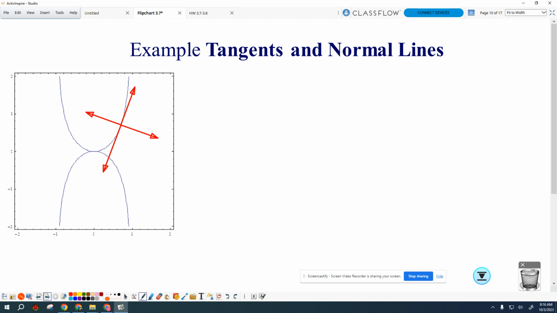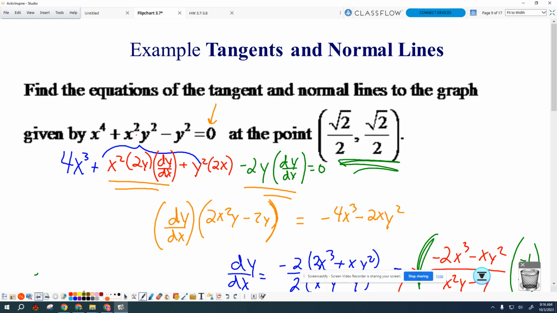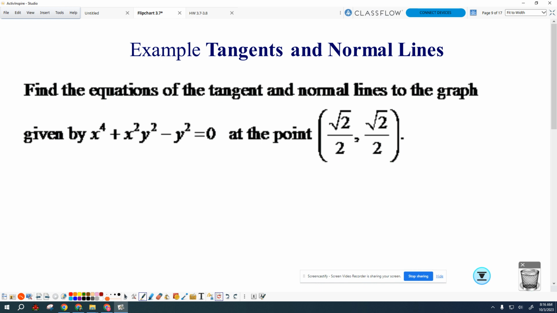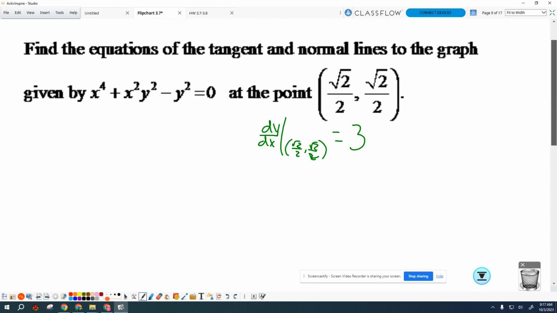This is what it looks like. Did we answer all the questions? Find the equations of the tangent and normal lines, so no. But there's the slope. Fiona, what was the slope evaluated at that coordinate? 3. So Nick, what is the tangent line?